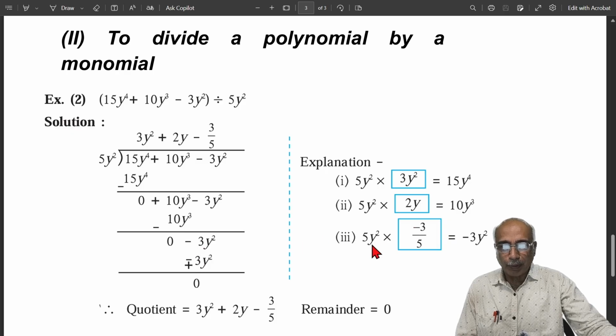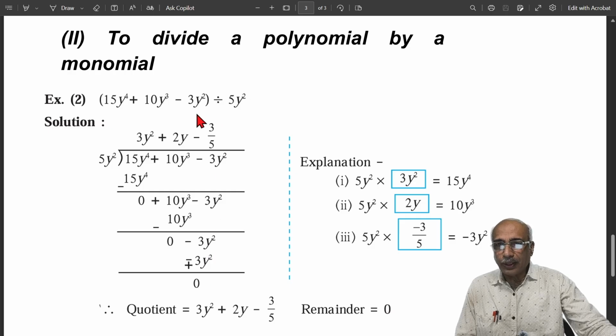So when you multiply 5y square by minus 3 upon 5, 5 will get cancelled. What is left is minus 3y square. So in the quotient part, we will write minus 3 by 5. These are shown in the boxes. Minus 3y square, the sign will change here to plus, and plus minus becomes 0.